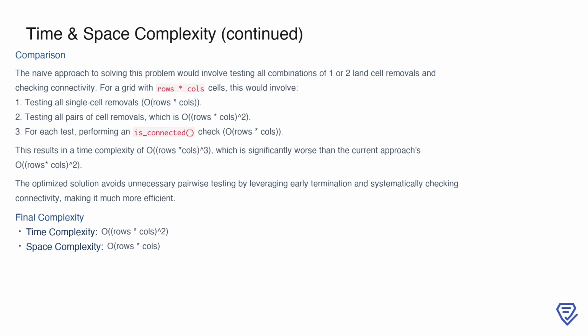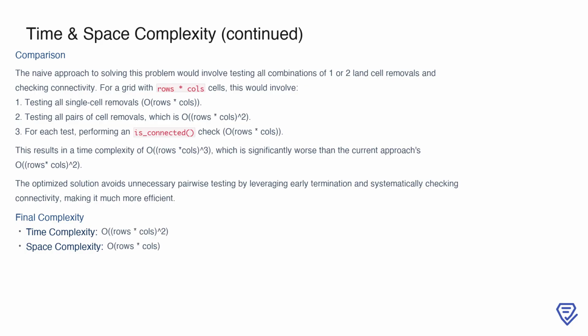Each test includes an is_connected call, which takes O(rows * cols). This results in an overall time complexity of O((rows * cols)^3) for the naive approach. In contrast, the optimized solution avoids unnecessary pairwise testing by leveraging early termination and systematically verifying connectivity.